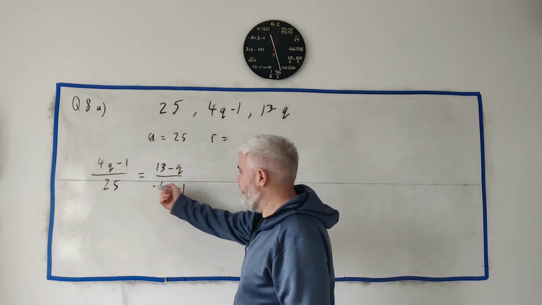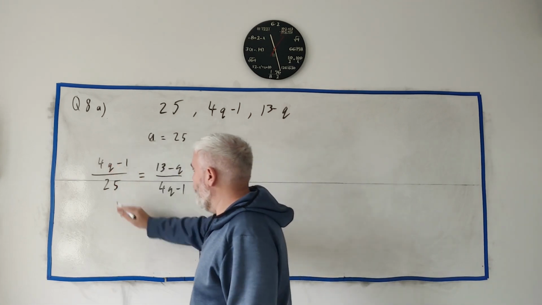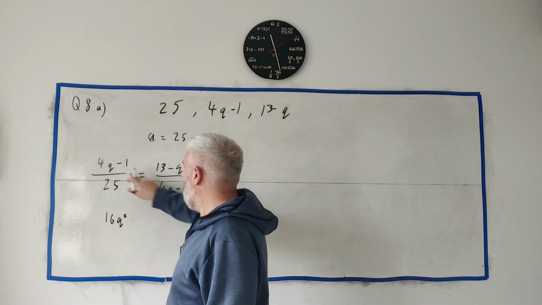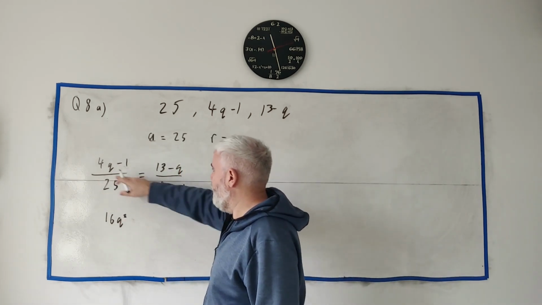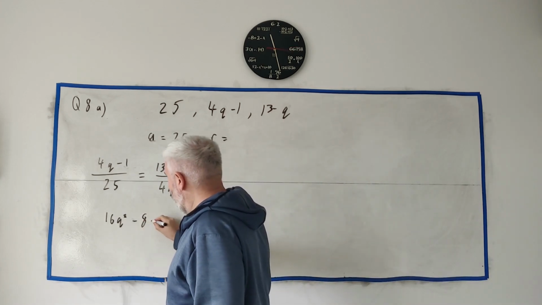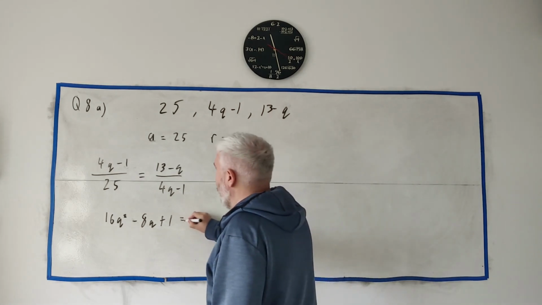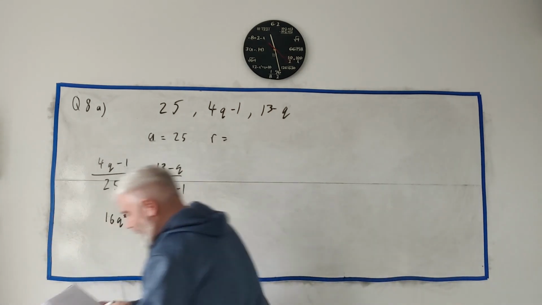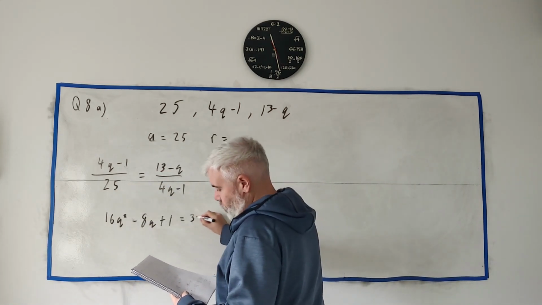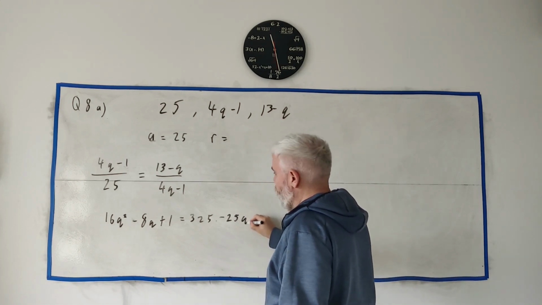Let's just multiply across first of all. This will end up just squaring, but that's 16q squared minus 1 times 4q, and 4q times minus 1 will give us minus 8q, plus 1 by 1 is plus 1, equals, let me go to my notes for this, 13 multiplied by 25 is 325, and minus 25q.